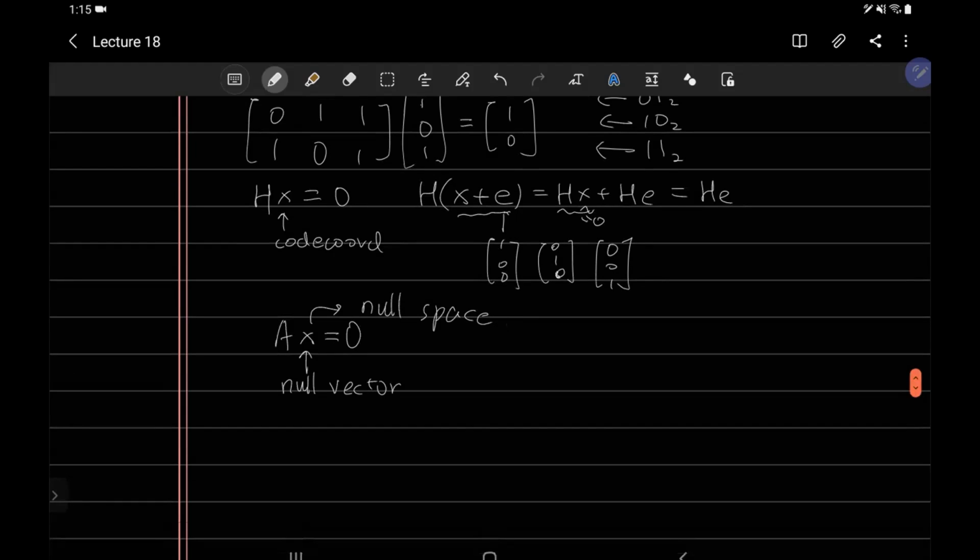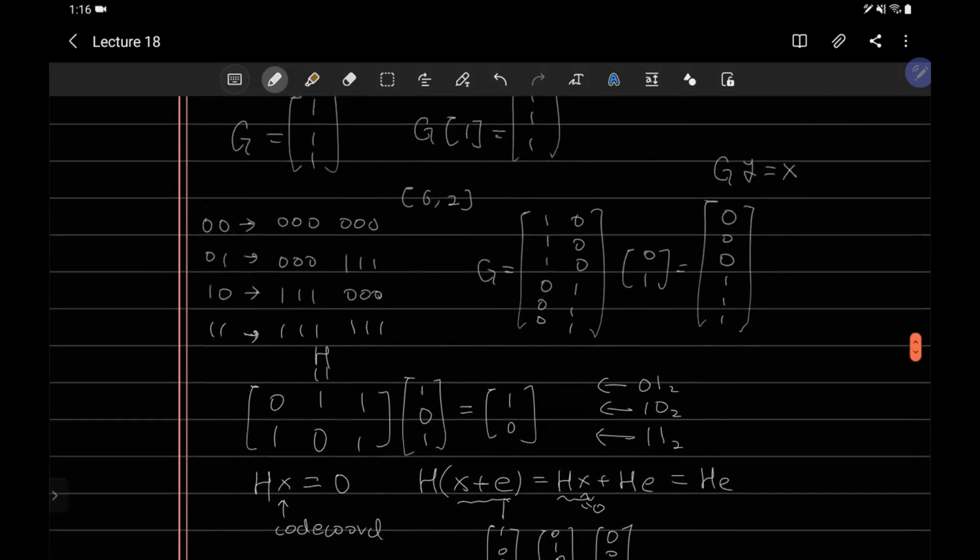Sometimes it was also called the kernel of the given matrix. From the perspective of this linear algebra argument, we can say that a good code word should live in the null space of the parity matrix. That's the idea behind all these linear error correction codes.